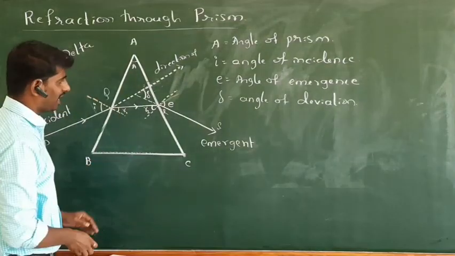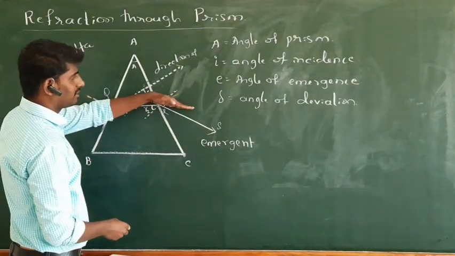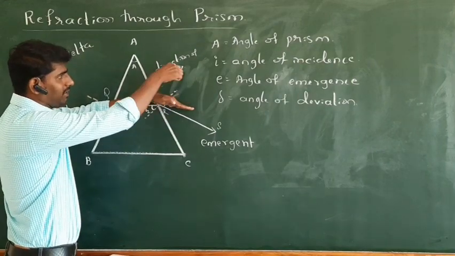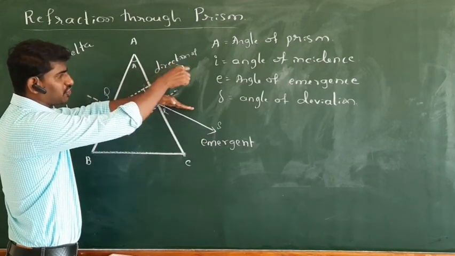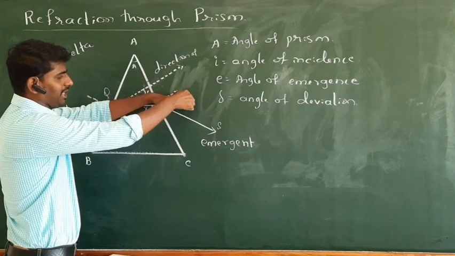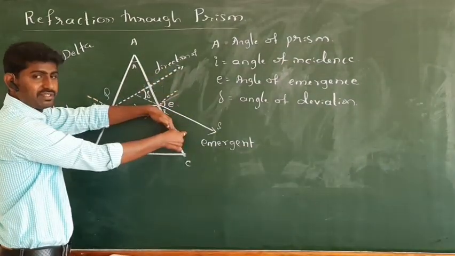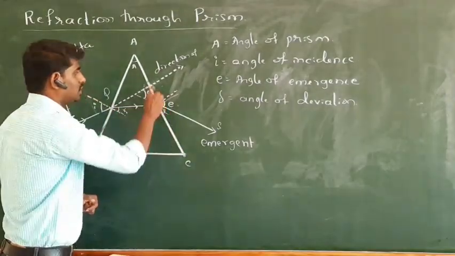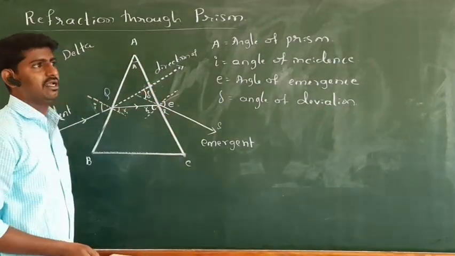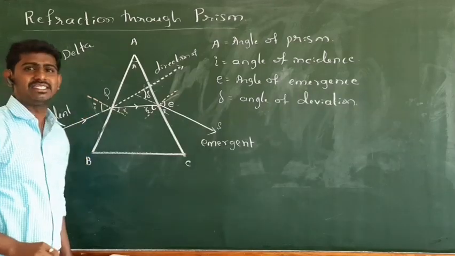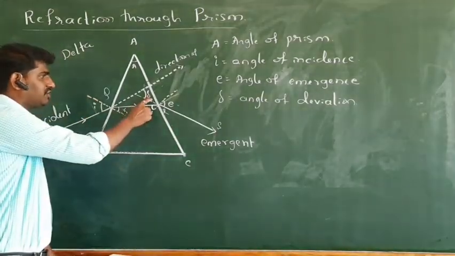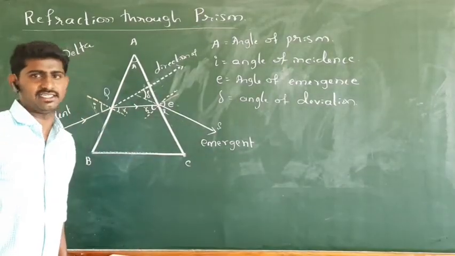For example, the emergent ray is here, and this is delta. If it is here, the angle of deviation increases. If it is here, it further increases. So the angle of deviation depends on the angle of incidence.